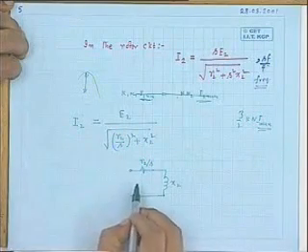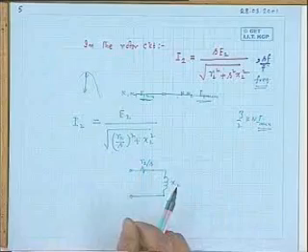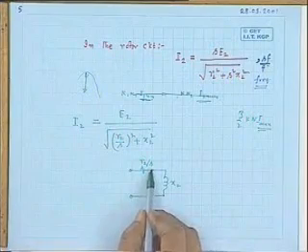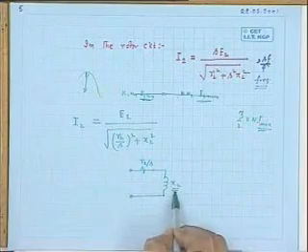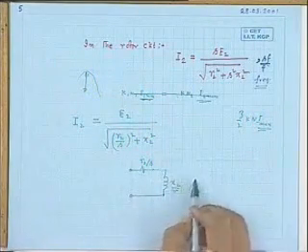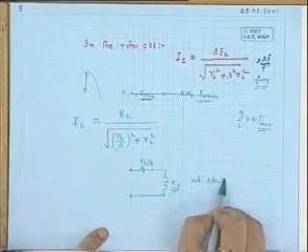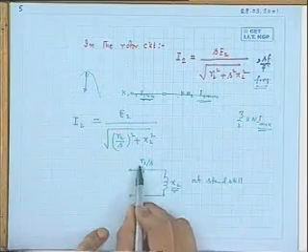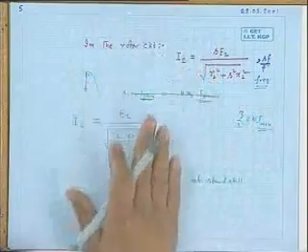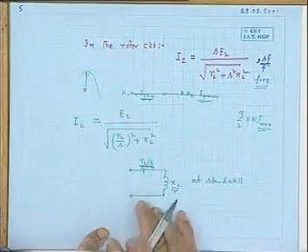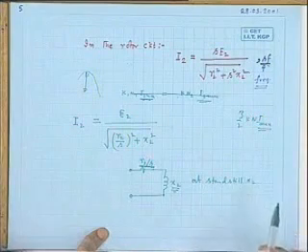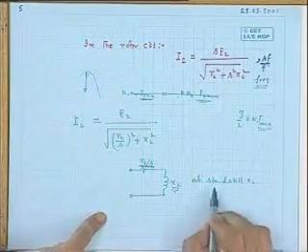I will explain it once again. Suppose you imagine there is another induction motor whose rotor resistance is R2 by S at standstill, and its leakage reactance is X2. Not this machine, another conceptual machine, whose rotor impedance at standstill has R2 by S at whatever slip the present machine is running.